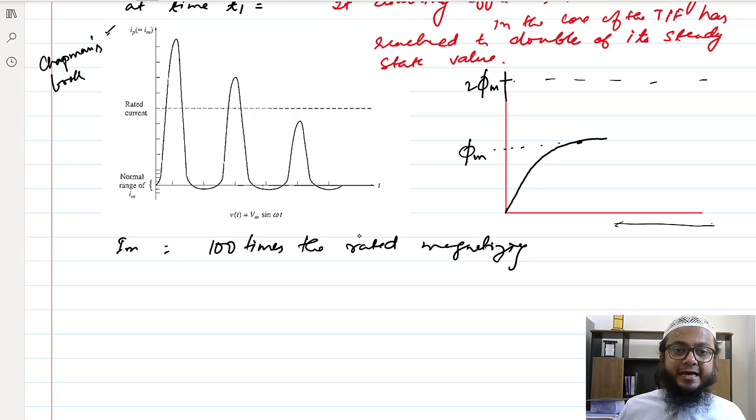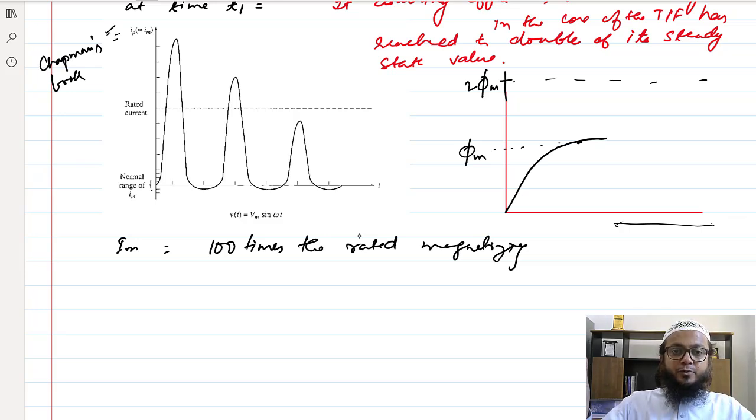It is as good as the transformer has shorted at that time, but that is the momentary level. That is known as transient. That causes switching transients in the entire power system network as well. So the machines and even the other devices in the power system network should be capable of handling this much current. Obviously it is momentary.